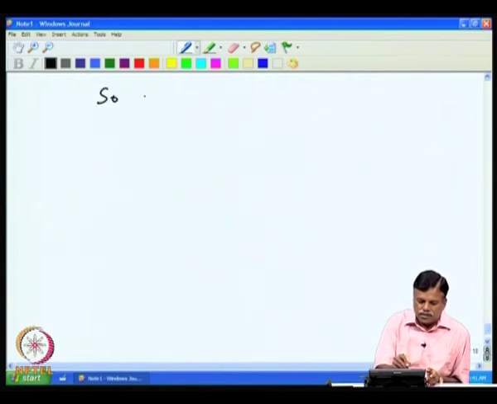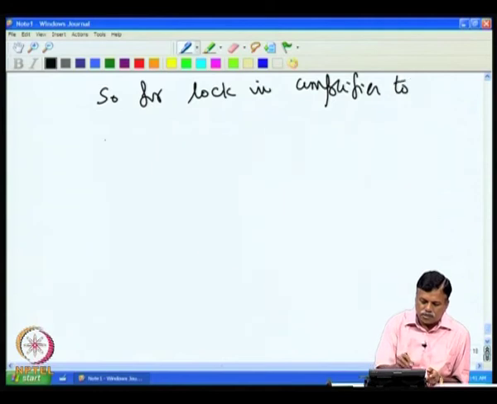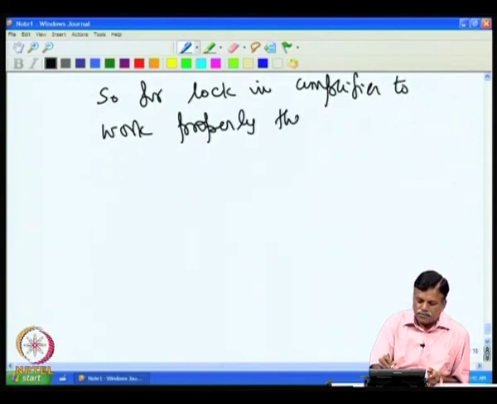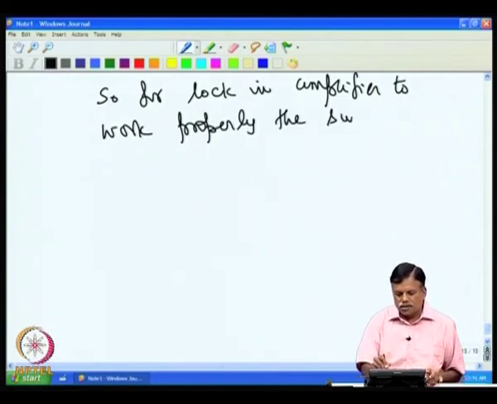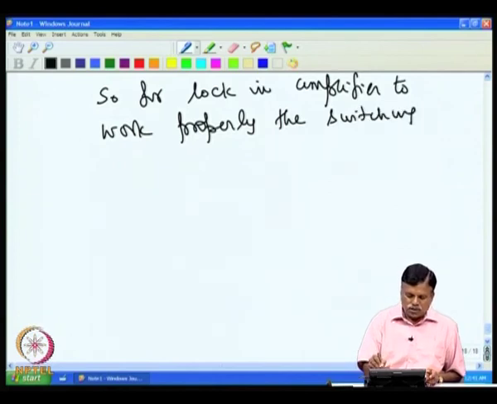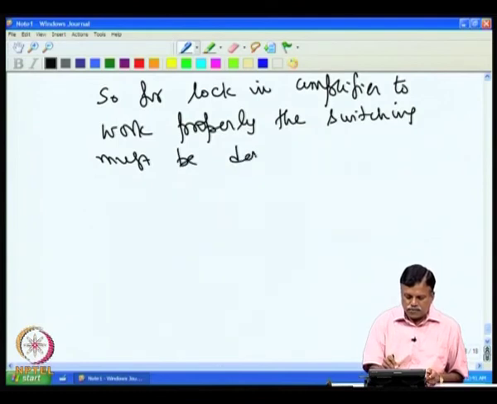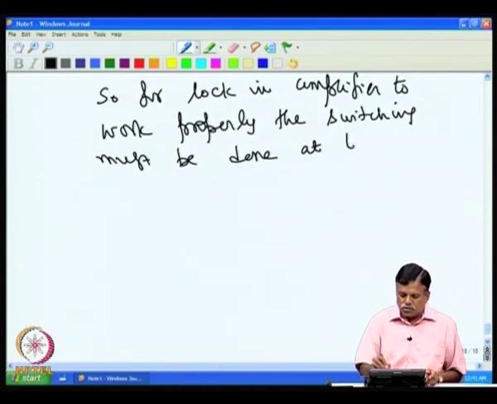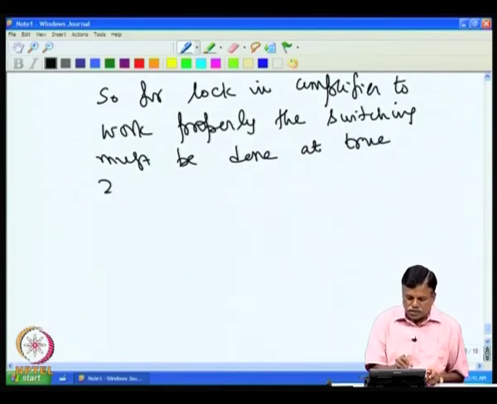For the lock-in amplifier to work properly, the switching must be done at the true zero crossing point of the signal.